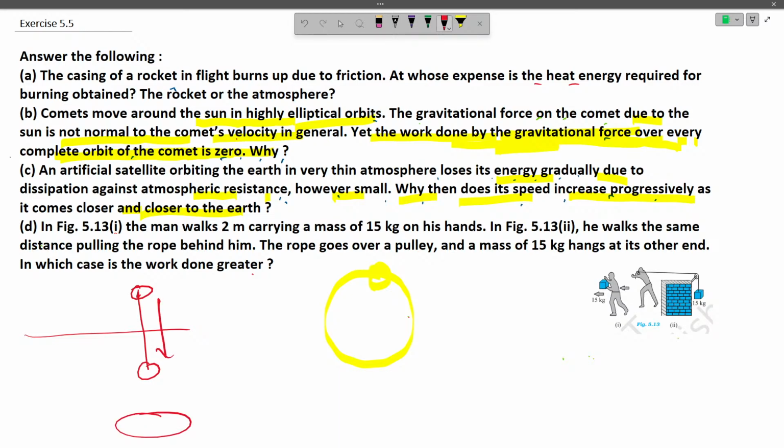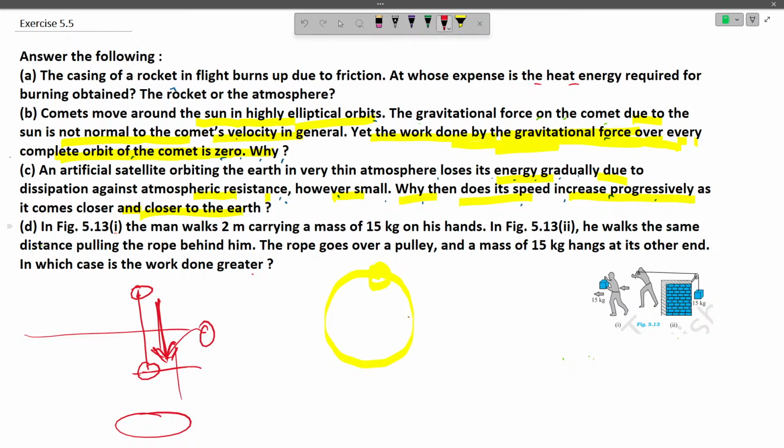As it reaches down, its velocity increases. Why? Even though due to atmospheric drag it loses some of its energy. This happens because the satellite is losing potential energy and it is being converted into kinetic energy. That is why its speed is increasing as it comes to earth.